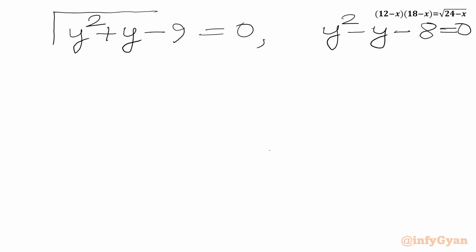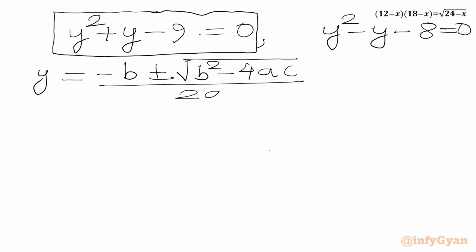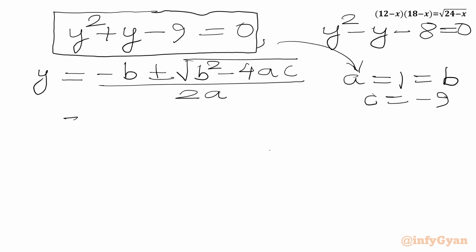So let's begin with our first equation. We are going to use quadratic formula. So let me write here y will be equal to minus b plus minus square root of b square minus 4 times ac over 2 times a. As per our equation, if we write values of a, b, c, a is 1, b is also 1, c is minus 9. Let's apply all the values here.